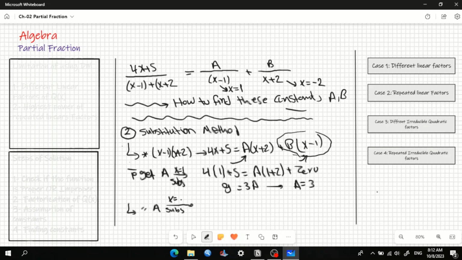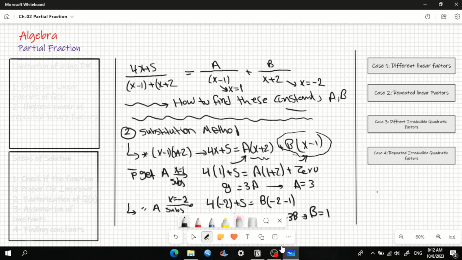Here 4 times negative 2 plus 5 equals, and here this will be eliminated. Here we will obtain that this will be equal to 3b, so b equals 1, the same as in the comparison method.